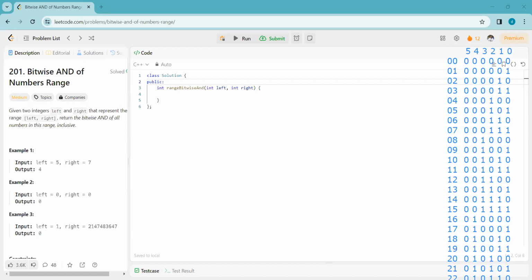Let's take, for example, the range from 4 to 7.